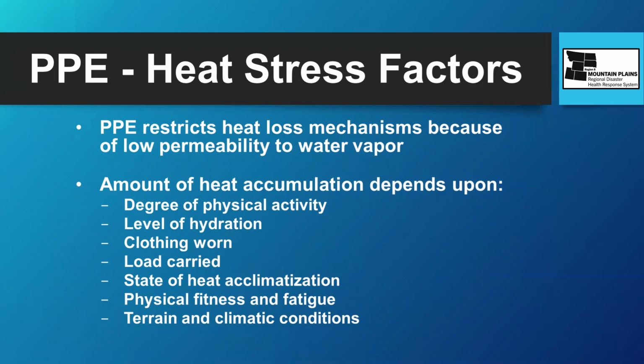And the amount of heat accumulation depends on how much work you're doing, your level of hydration, what clothing you're wearing underneath it, what your workload is, how acclimatized you are to heat, your level of physical fitness, and the sort of terrain you're working in.